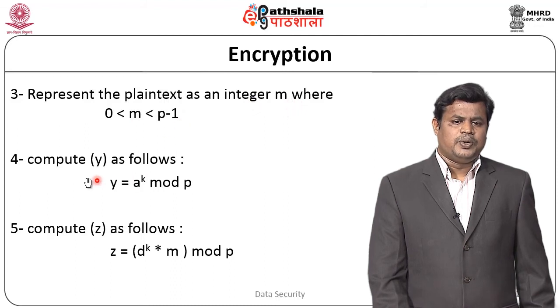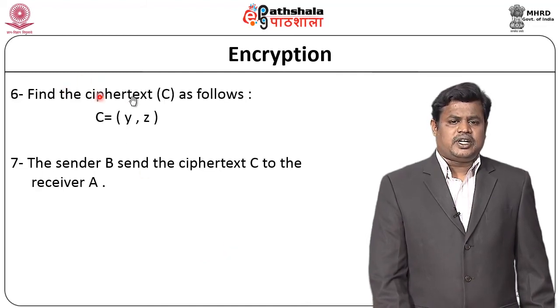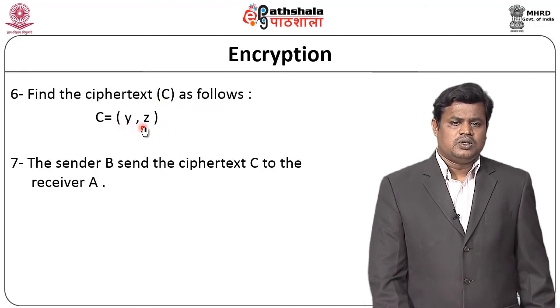Now we have to compute the following: y is equal to a power k mod p and z is equal to d power k into m mod p. So the cipher text is c equal to y comma z. Now we got the cipher text c1 and c2, that is y comma z.